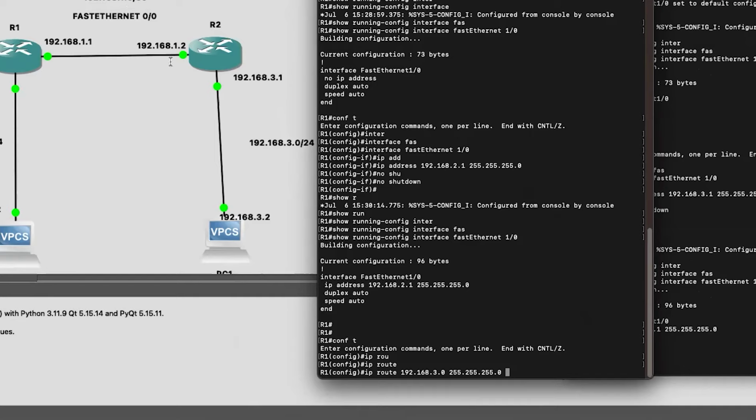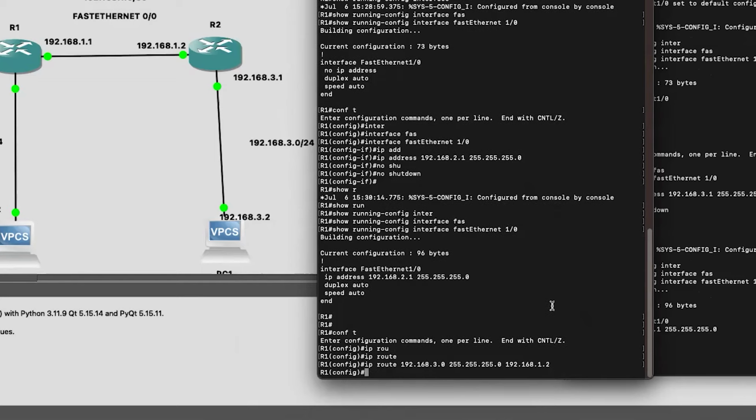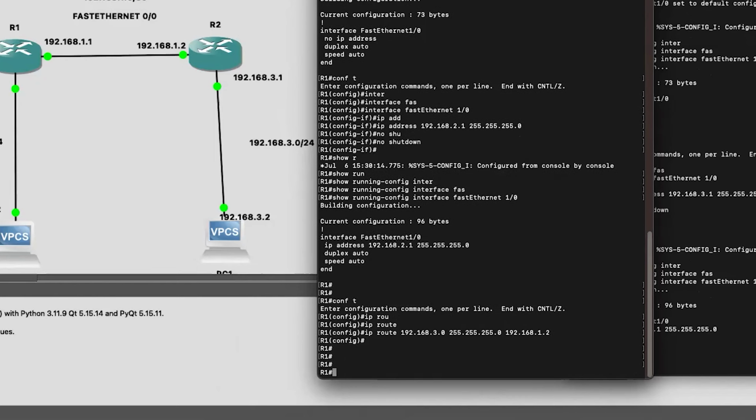What is R2's IP address on that interface? 192.168.1.2. So I am saying I am R1, I want to route to the 3.0 network with this subnet mask, and in order to get there, this is my next hop. Boom, enter.